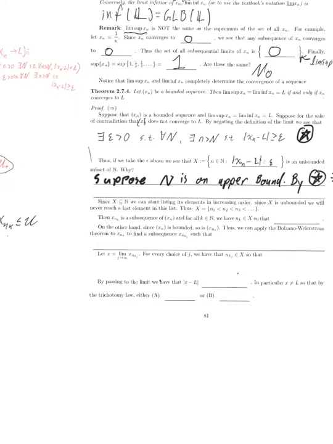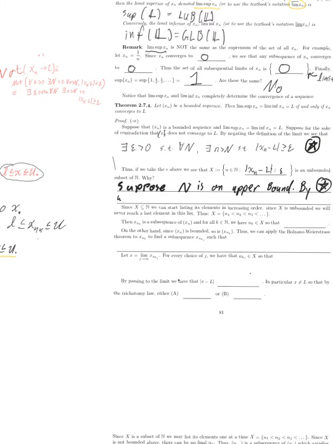Let's see, by this line, so what am I going to do? I will label this line with a little star. By star, there exists a little n bigger than big N with absolute value of x sub n minus L bigger or equal to epsilon.